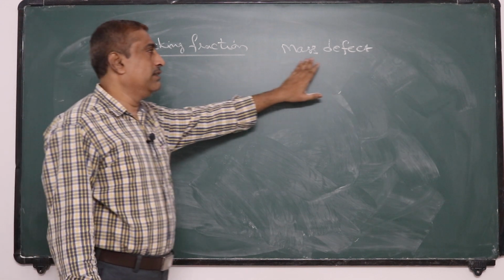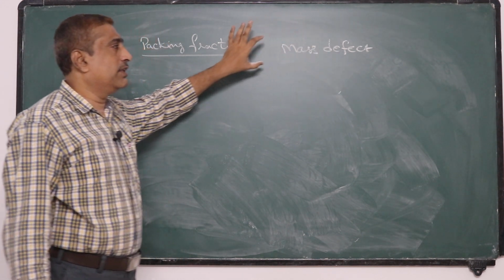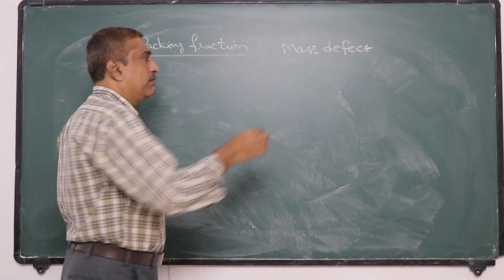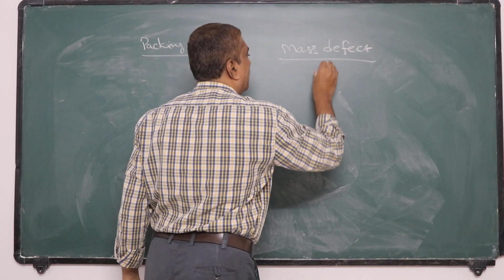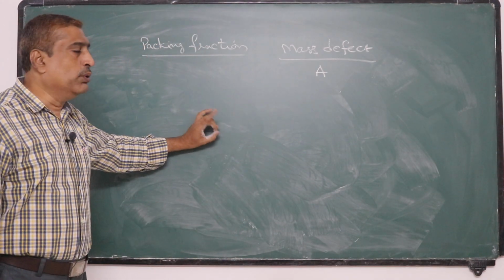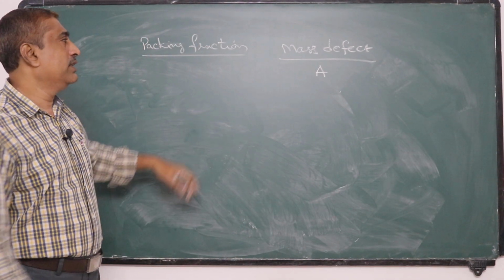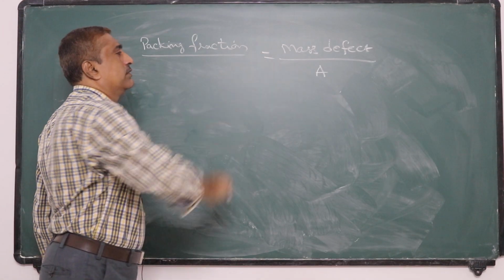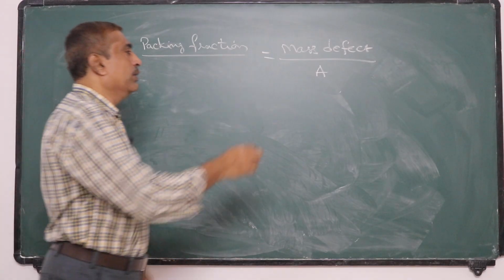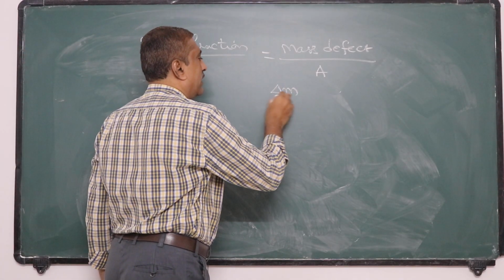This defect is for the total number of nucleons. If we calculate it for one nucleon, that means if we divide it by the mass number, the mass defect per nucleon is called packing fraction. So packing fraction is defined as mass defect per nucleon, or we can write delta M by A.